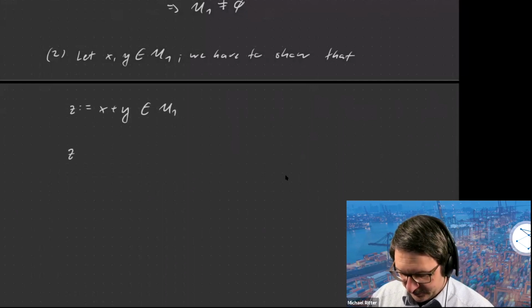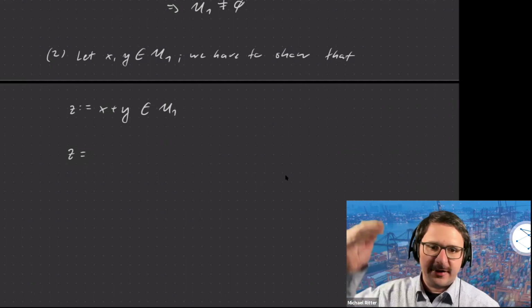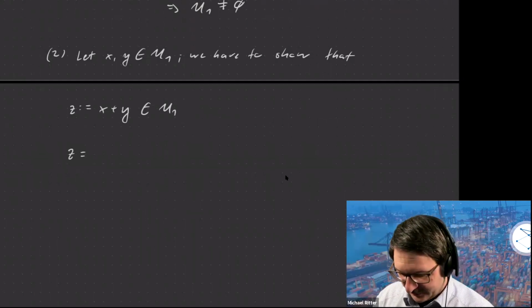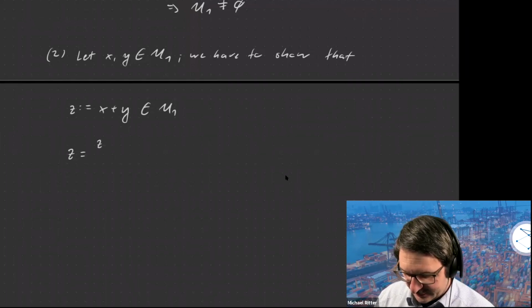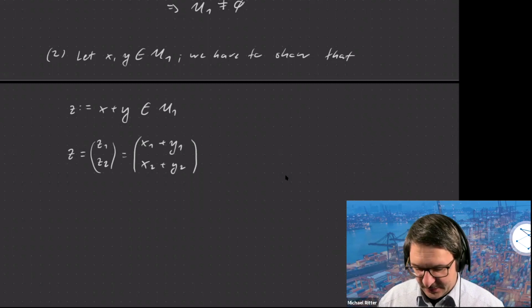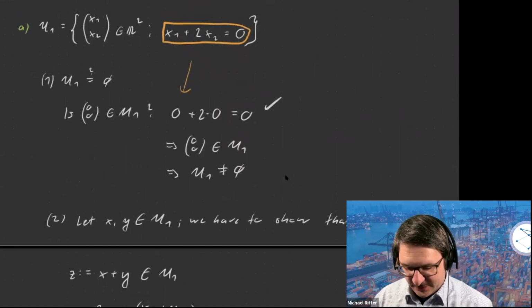So with x and y having components x1, x2, and y1, y2, you of course get that C has components C1 and C2, with C1 equal to x1 plus y1 and C2 equal to x2 plus y2. So again, we'll take a look at the defining property of that vector space here.